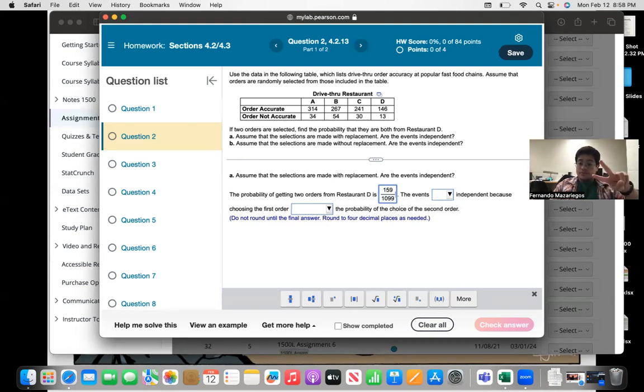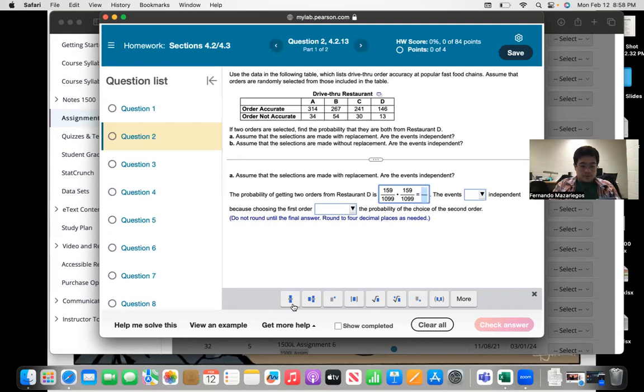Now we want to select 2. So we multiply this by the probability of selecting one order from restaurant D. Notice this is with replacement. So I took one of the 159 orders, but I put it back. So I still have 159 to choose from. And the total is still 1099.